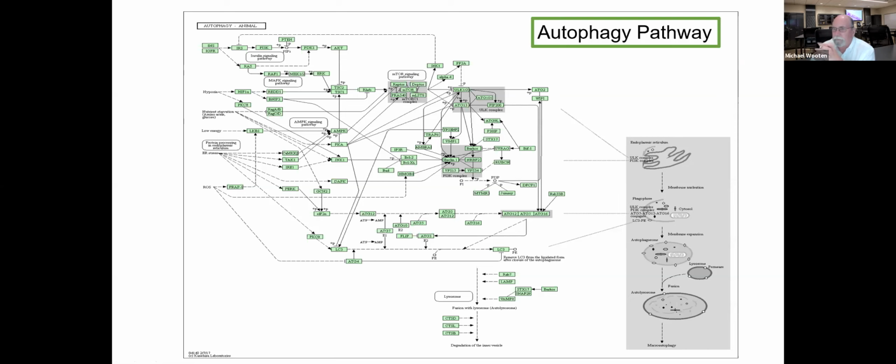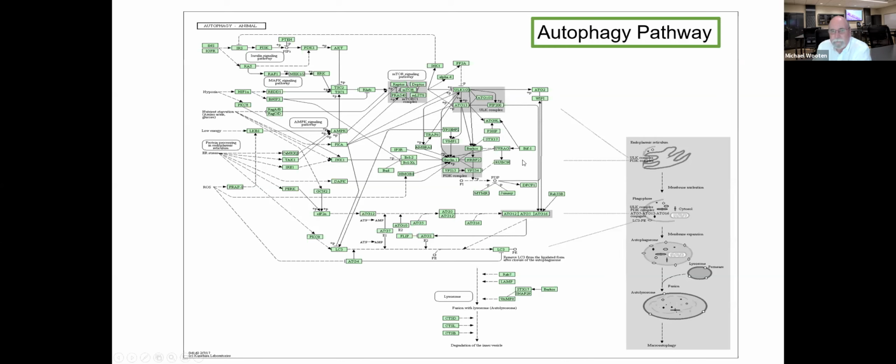And you get ROS from other processes. If too much of that comes along, it forces the system to respond. The system usually responds through a MAP kinase or AMPK alpha kinase system, and you get these triggerings of these big pathways. That's what all these things up here are, these complexes. And depending on what the response is, what these are required. That's what it's showing over here.